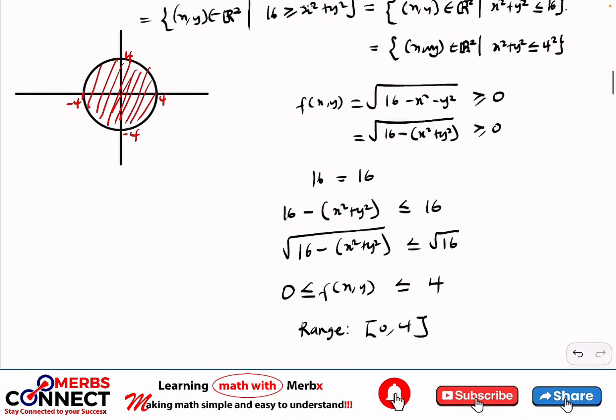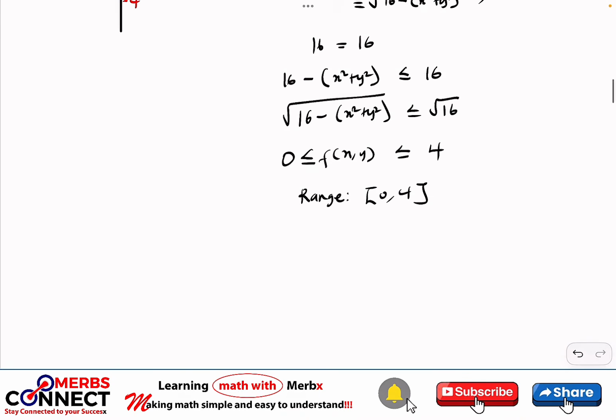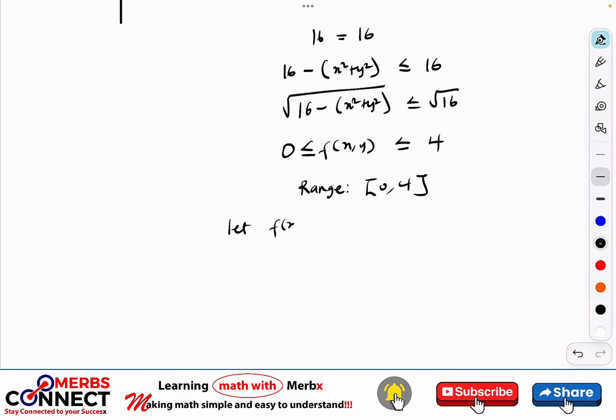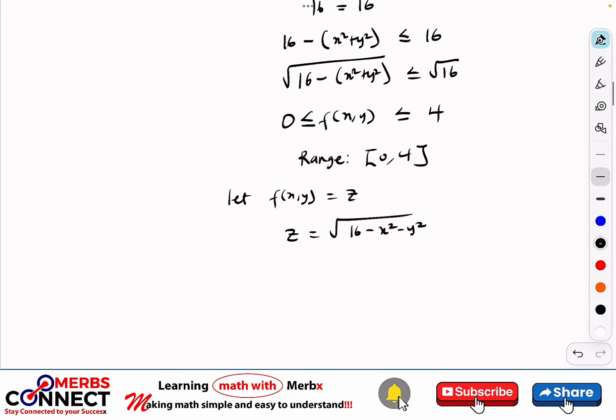Now remember, I said let this equal to this. So we are going to have, let f of x, y equal to z. So I'm going to have z equal to the square root of 16 minus x squared minus y squared. When I square both sides, I'm going to have z squared is equal to 16 minus x squared minus y squared.